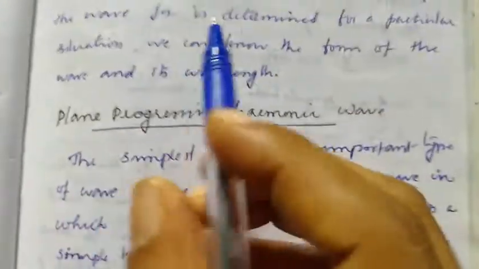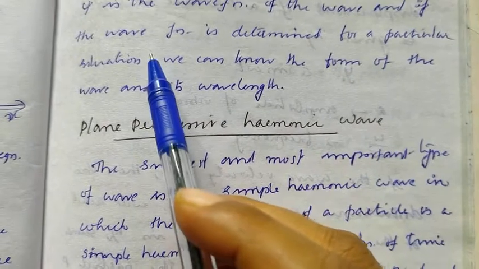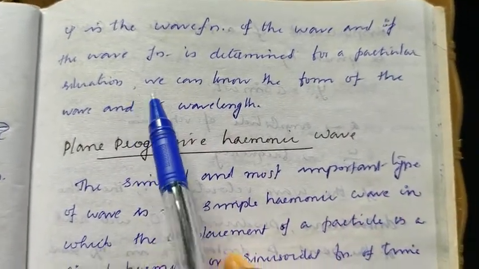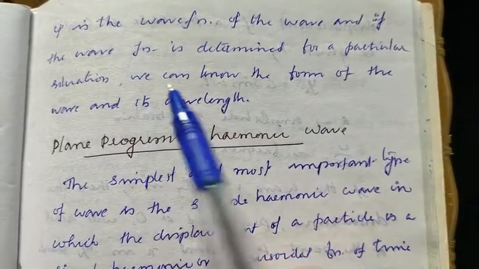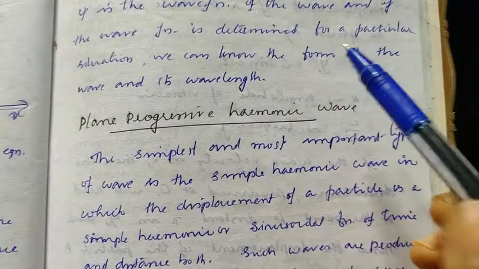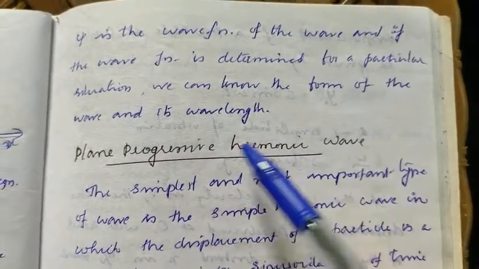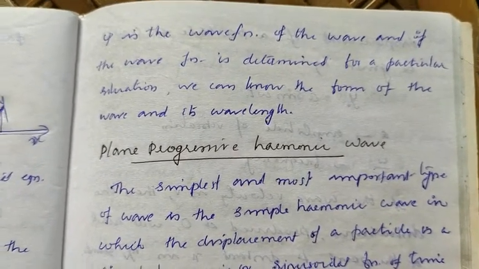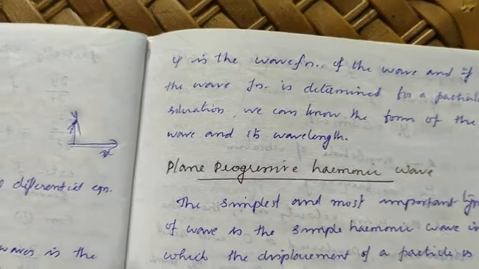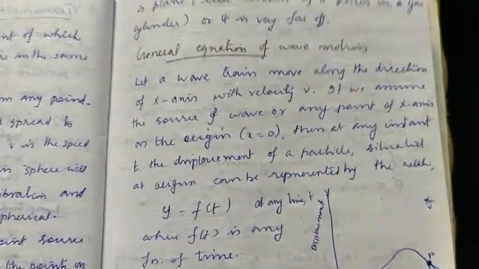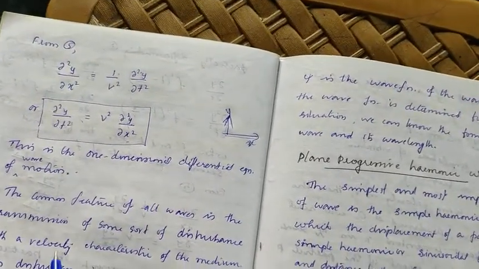Here psi is the wave function of the wave, and if the wave function is determined for a particular situation, we can know the form of the wave and its wavelength. So this is all about the general equation of wave motion.